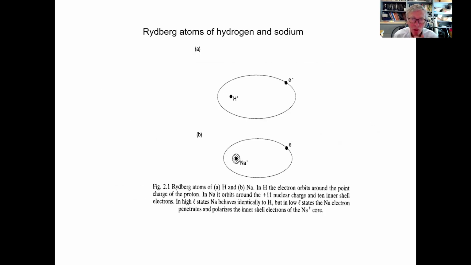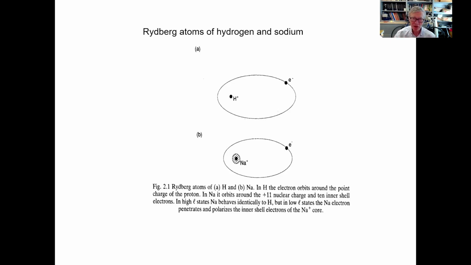Okay, so I would like to just draw a picture of a hydrogen atom and a sodium atom. In the hydrogen atom, I have an electron that's circulating around a point source. And in the sodium atom, it's circulating about an extended source, which is composed of a nucleus of +11 and 10 much more tightly bound electrons.